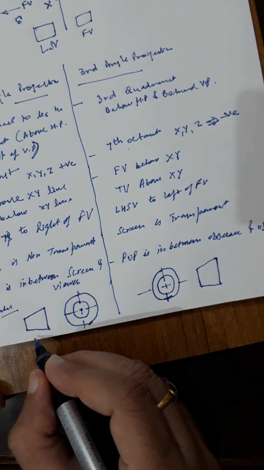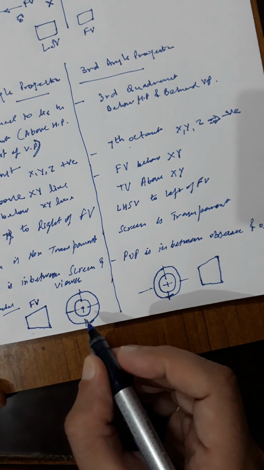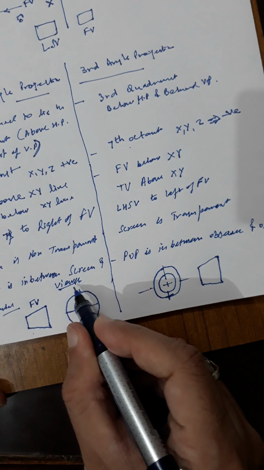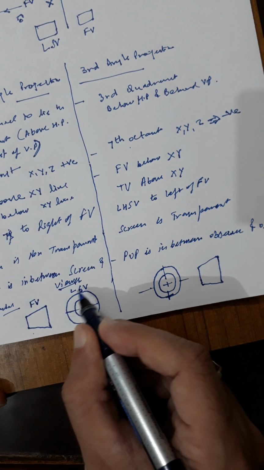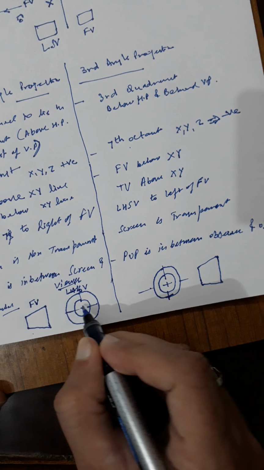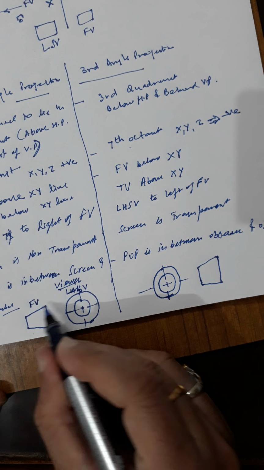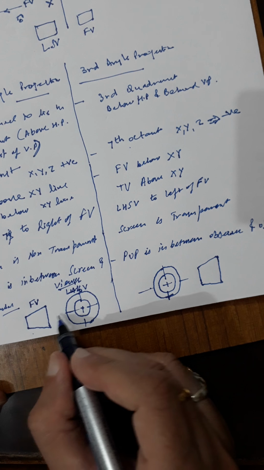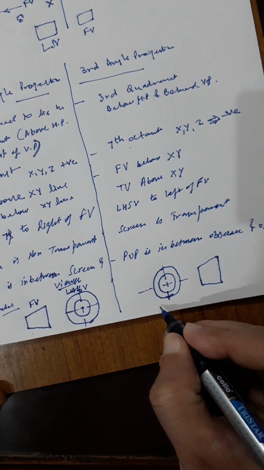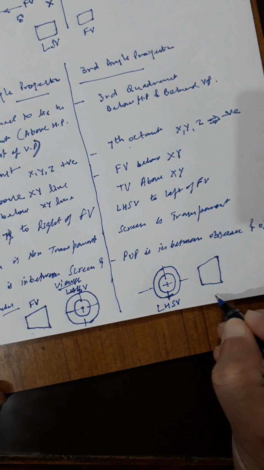Now this is the front view of the frustum of the cone. This is the left hand side view of this frustum of the cone. So here you can see left hand side view is to the right of the front view, means it is first angle projection. Here this is the left hand side view of the frustum of the cone, and this is the front view.